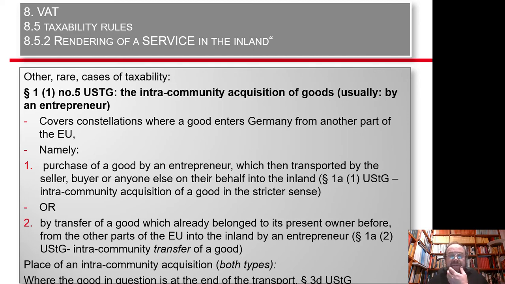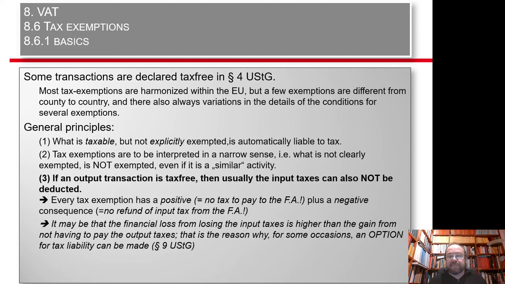Naturally, also with the intra-community acquisition of goods, you need to determine a place where it is taxable, and that is done in 3d UStG. That is done at the place where the good is at the end of the transport.